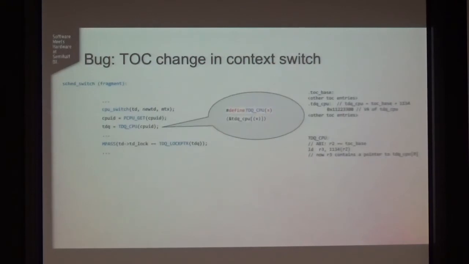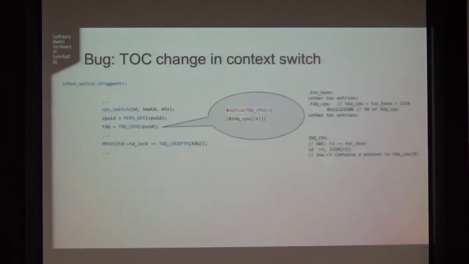And we found that there was an issue with the TDQ itself. It looked like the TDQ pointer was pointing to a different part of memory. As you can see from the define, TDQ CPU is a global table. And as a global table on PowerPC 64, it is accessible through TOC translation.